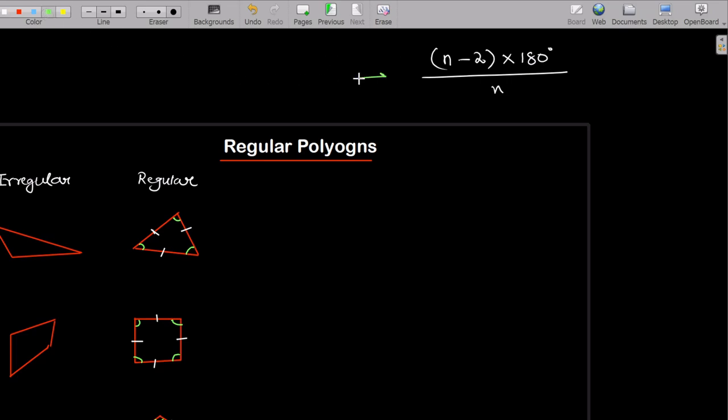This formula gives you the measure of each interior angle of a regular polygon. Okay, so let's use this formula, Tanvi, to find out the measurement of each angle of a pentagon.